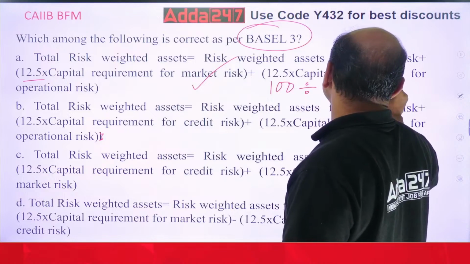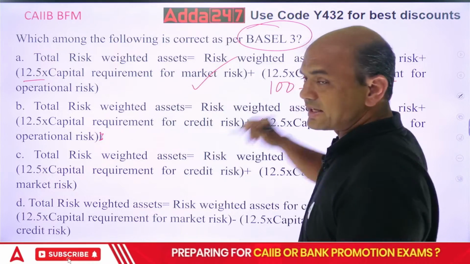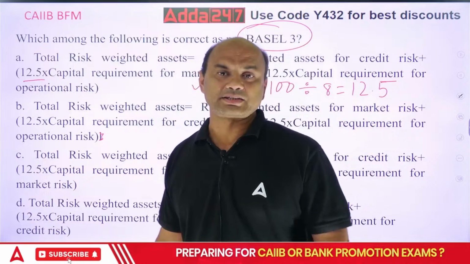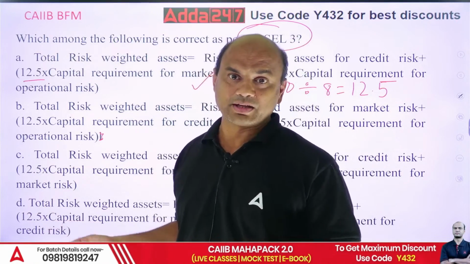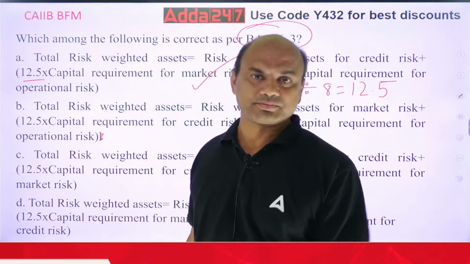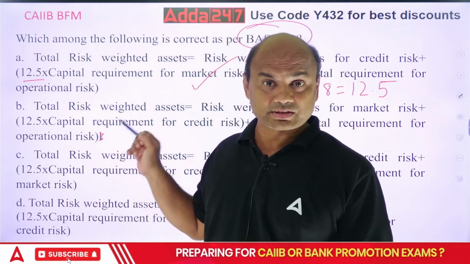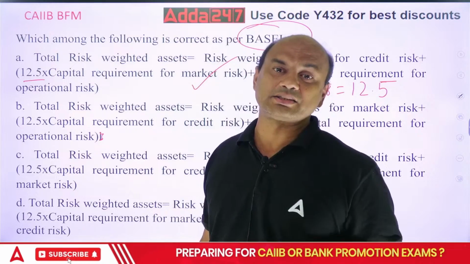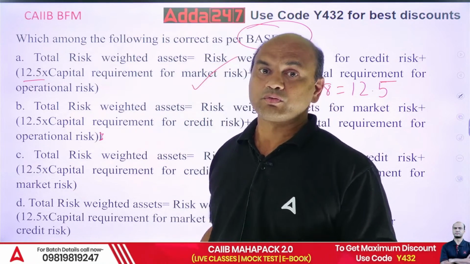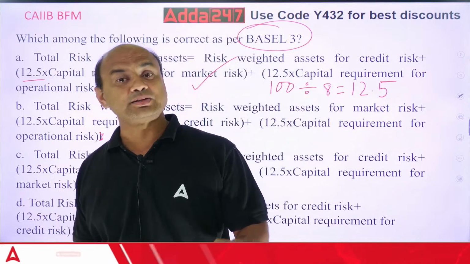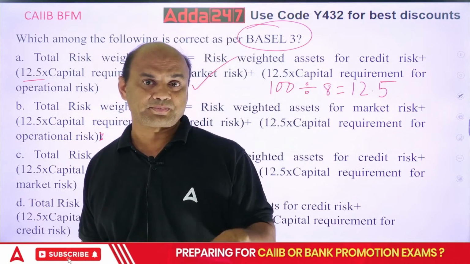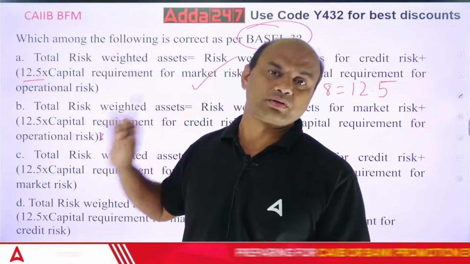But now there's a catch over here. What is the catch? We are covering theory also, that's why. Otherwise, I'd just take the answer and move ahead. We have to cover the theory also, so that you understand the concept. So the point over here is, if you check as per RBI norms, this 12.5 will be wrong.